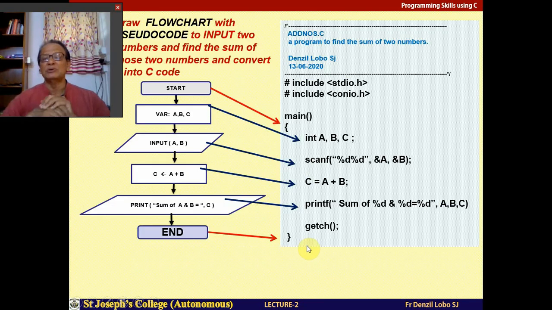So with that, we come to the first flow chart, conversion of the first flow chart into a C program. As you see here, this is the flow chart we have written, start and end, and in between we have all these statements. Let us see how we are going to convert this into a good C program.